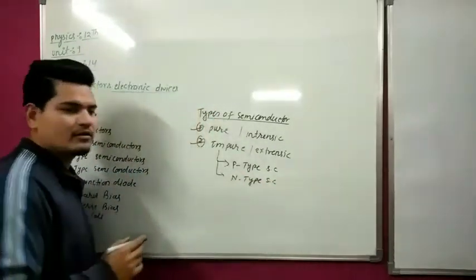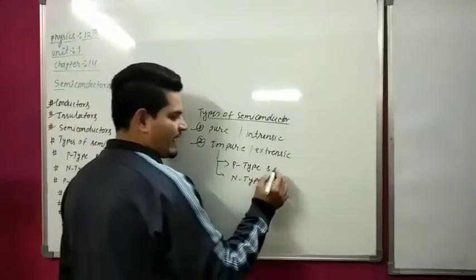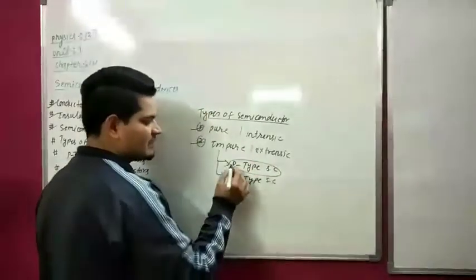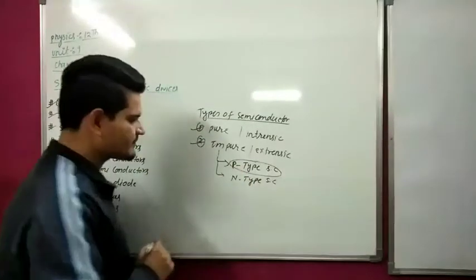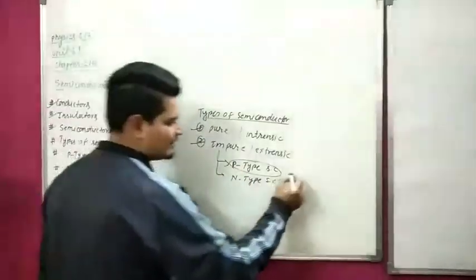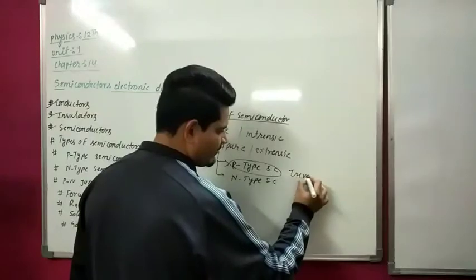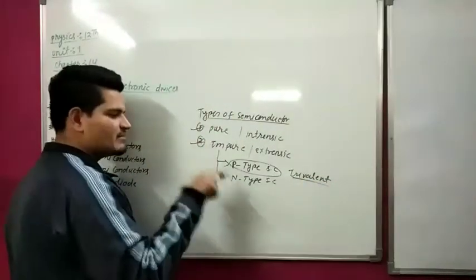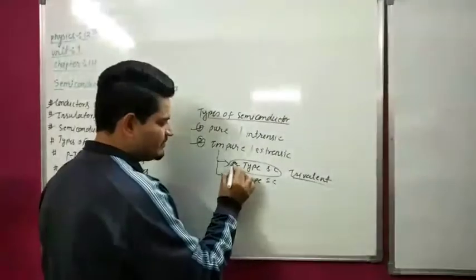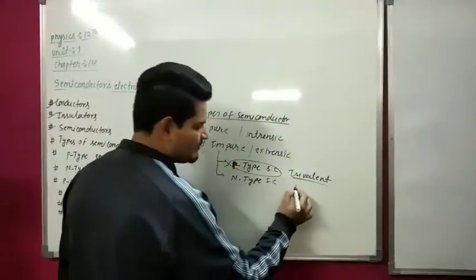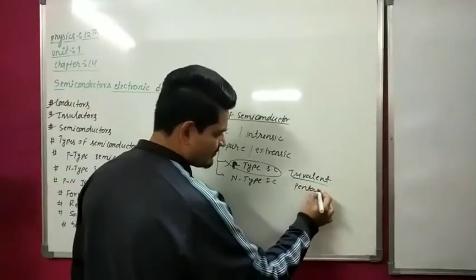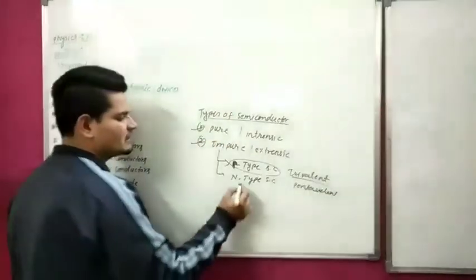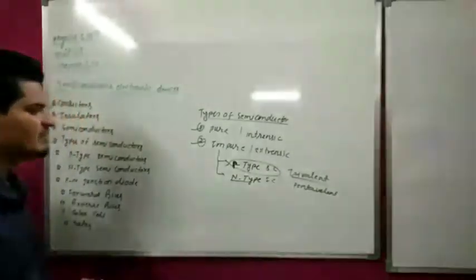When trivalent impurities are mixed in the pure semiconductor, then it becomes p-type semiconductor. And when pentavalent impurities are mixed in pure semiconductor, then it becomes n-type semiconductor.